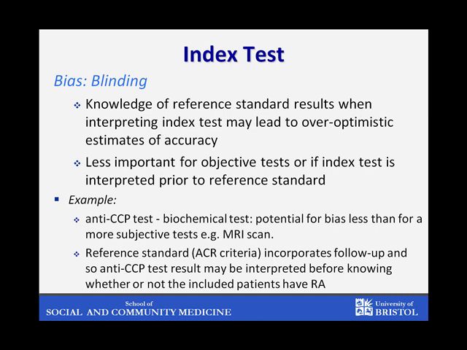Now, where the test is a laboratory assay, for example, anti-CCP, this isn't a problem because the machine has no knowledge of what the reference standard is. However, where it is more subjective, for example, an imaging test, say an MRI scan or a chest x-ray, if the clinician reporting that scan is aware of the reference standard, that may push them in borderline cases to report it as being positive or negative based on the results of the reference standard, and yet again, you will get an overly optimistic estimate of the index test.